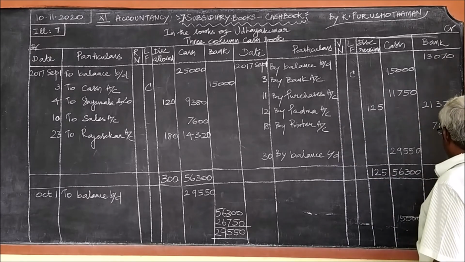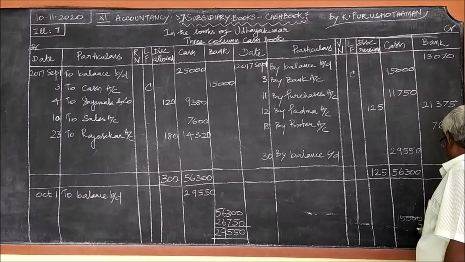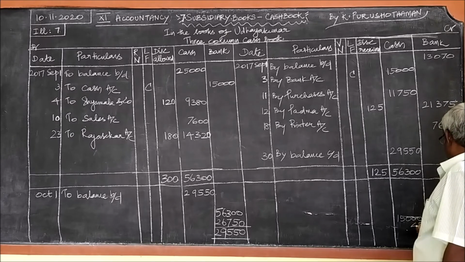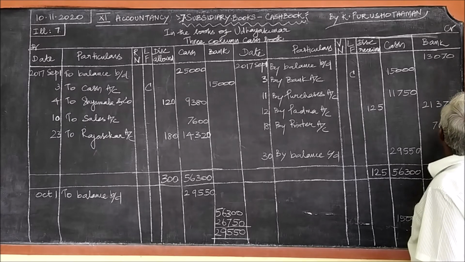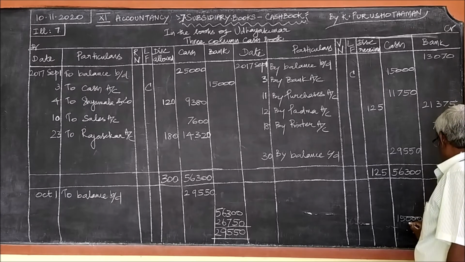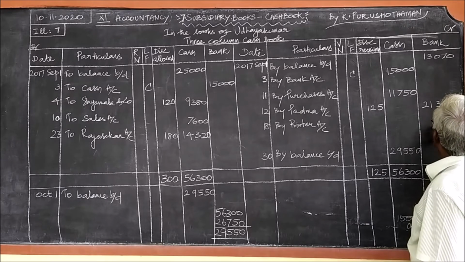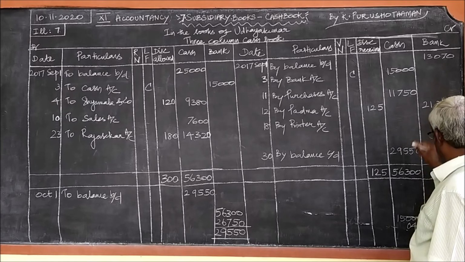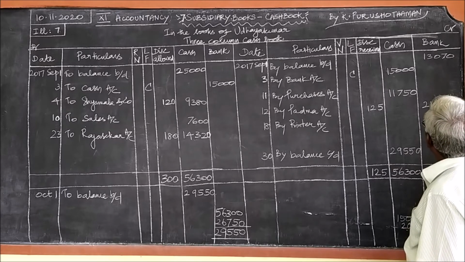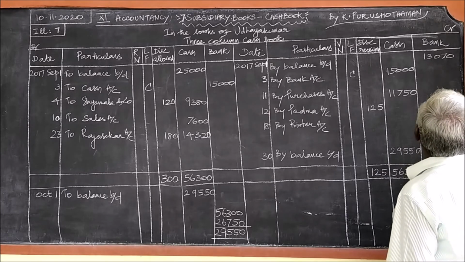But in the credit side total, it is 42,045.